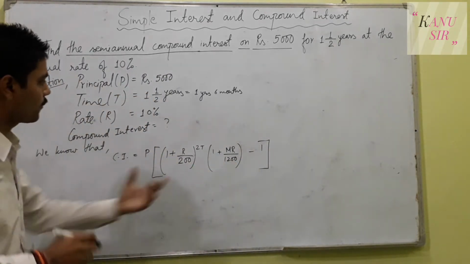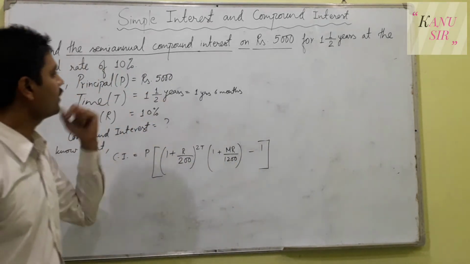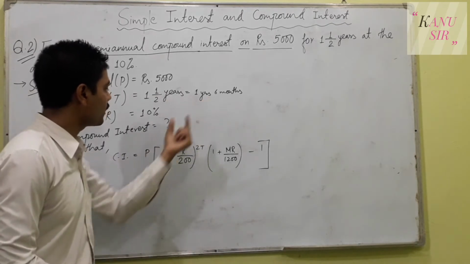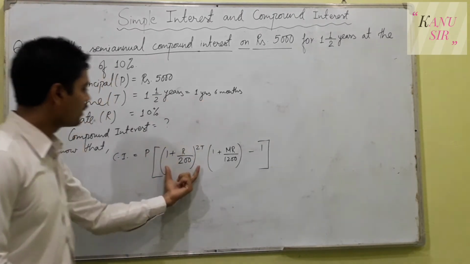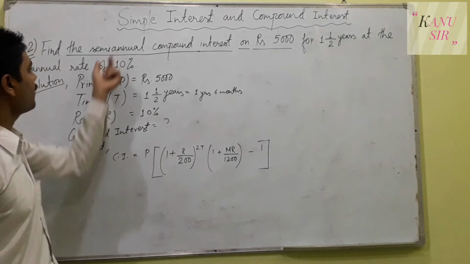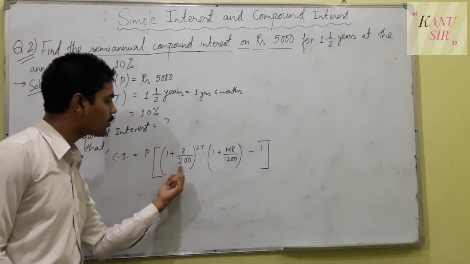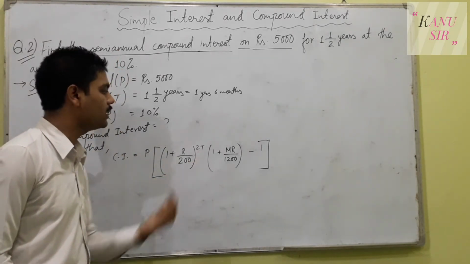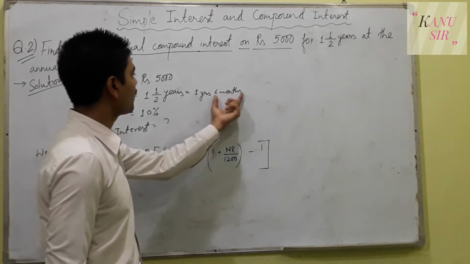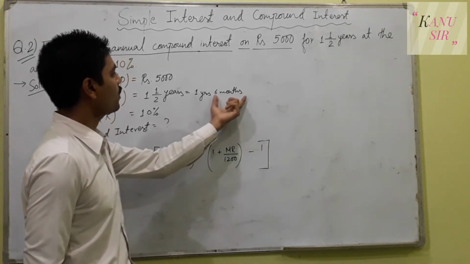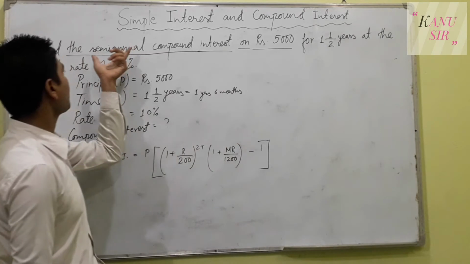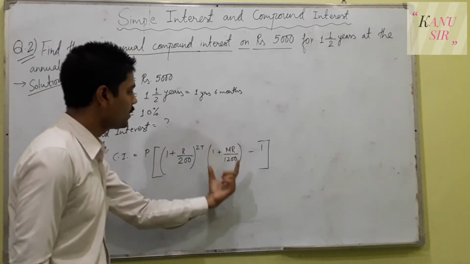It looks tough to understand, but it is easy. When the term comes for the year, we write the yearly formula, but here is the word semi-annual, so in place of 100 here must be 200, and in place of time here must be 2T. And when there is a month in the question, we don't have to care about semi-annual, we simply write the month here.